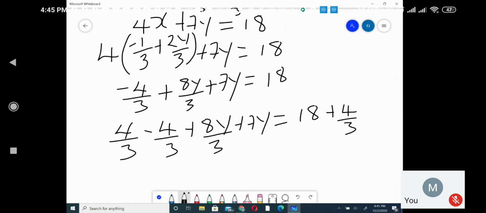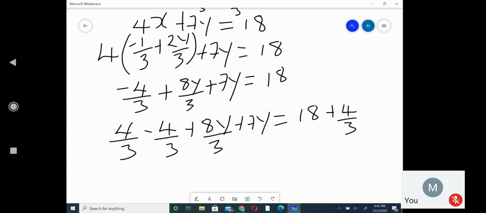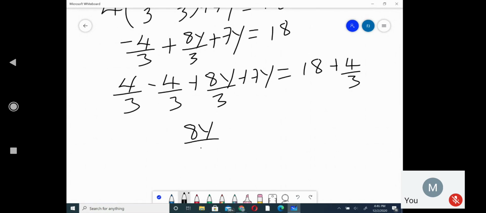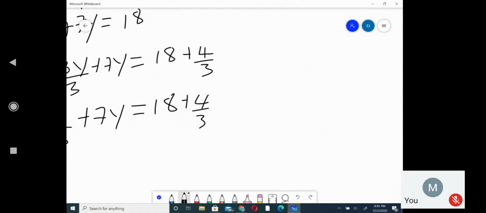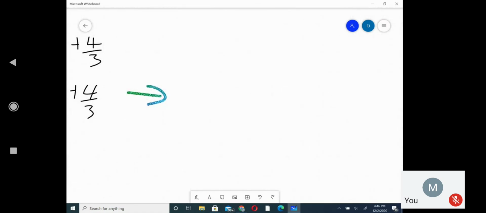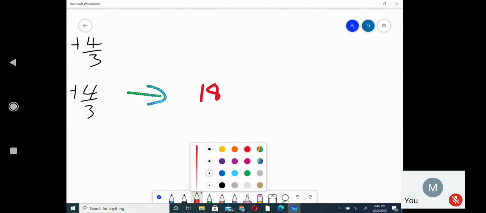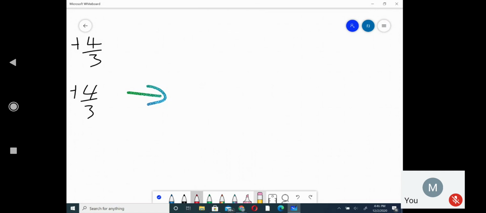On the left hand side, we are left with 8y over 3 plus 7y equals, and then we can just work out the two fractions in the rainbow bubble at the same time. So we can work out 18 plus 4 over 3.